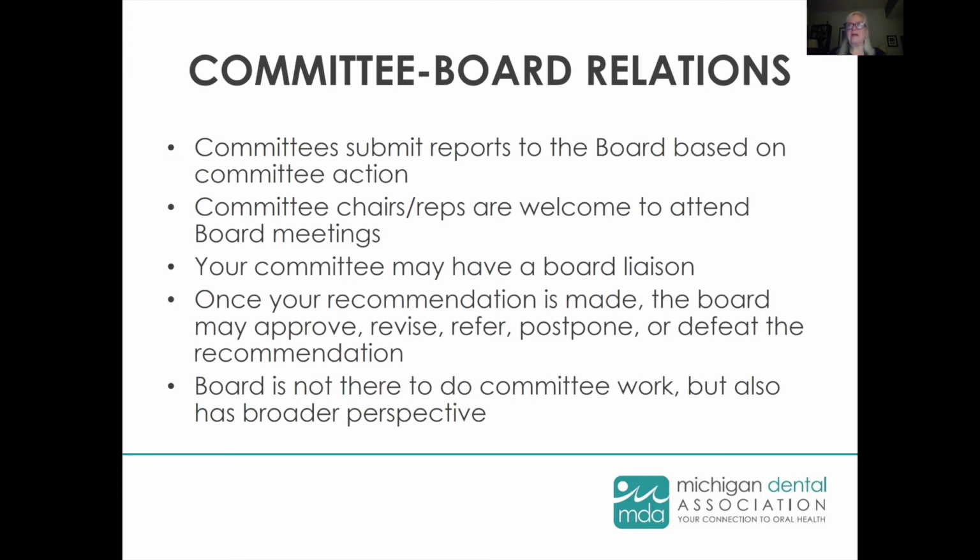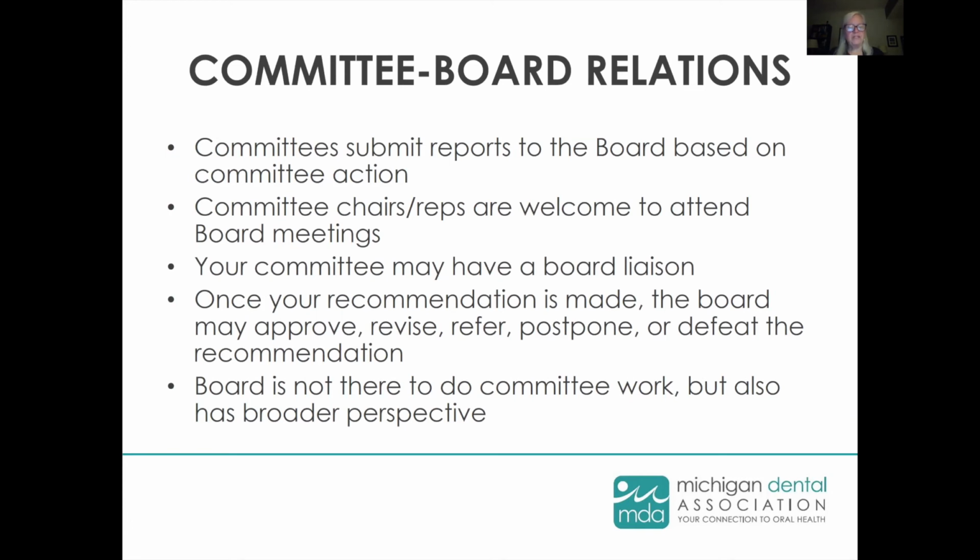Let's imagine now you've made a recommendation to the board and you're bringing it forward. The board, as I had previously said, really takes committee recommendations very seriously, but that does not always mean that they will do exactly what you recommend. Once your recommendation is made, they can approve it exactly as you submitted it. They may revise it, like they like 90% of it, but they make a little change to it.